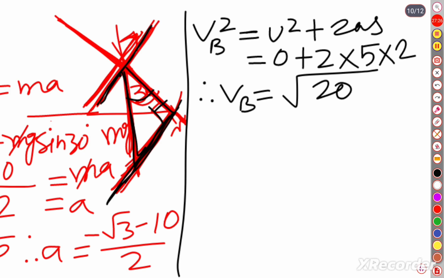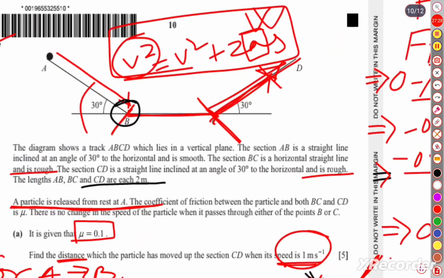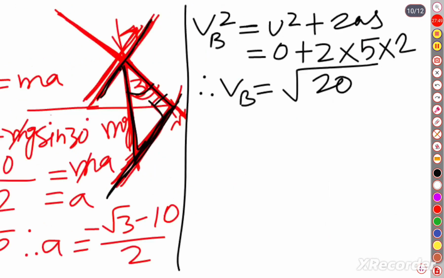Now we will find the velocity at C. Look at this point. For the surface BC, the velocity we have obtained at B is no more final velocity; this is now initial velocity. We are finding the final velocity at C. So let's apply the same concept.